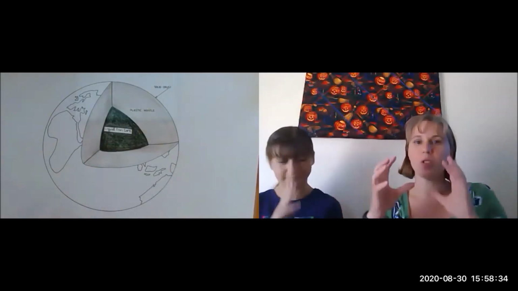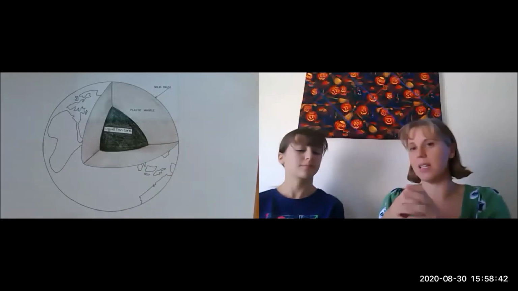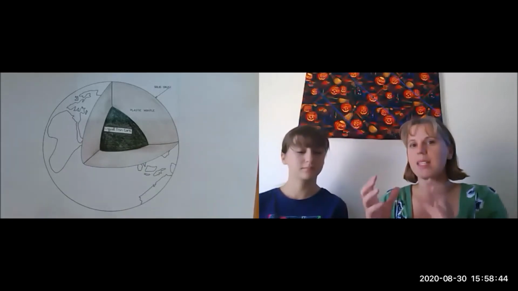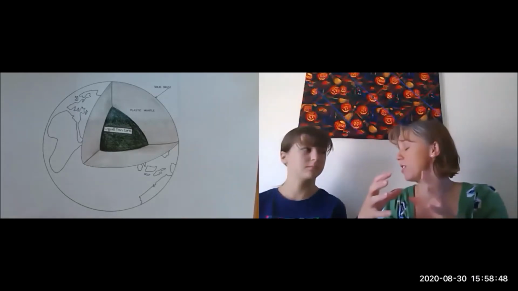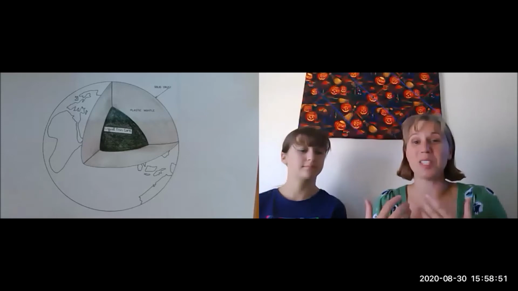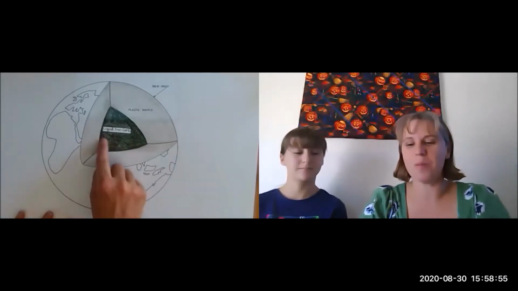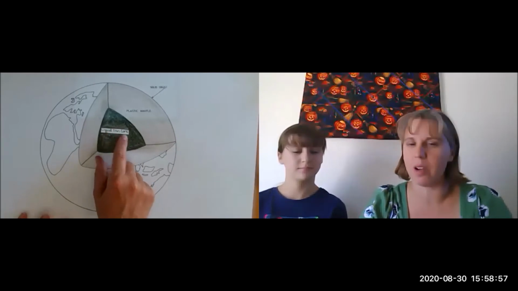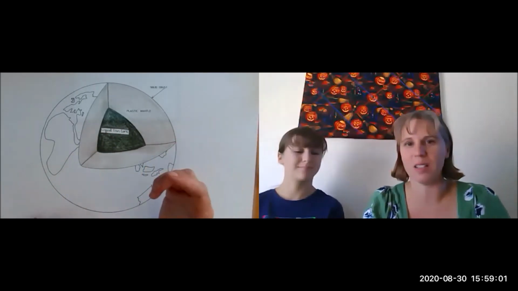Many scientists believe that there's a core within the earth, like this says liquid iron core, but some scientists believe that there's a hard, solid, rigid core in the center surrounded by a liquid core. Some scientists believe that there's a liquid core surrounded by a solid, rigid core. Science is changing, and scientists have differing thoughts on that. So that is what's labeled here as liquid iron core, but we know that science is changing and people are learning new things every day.